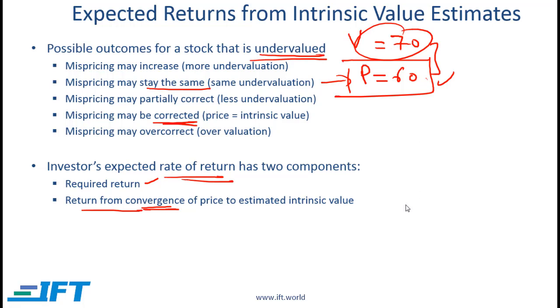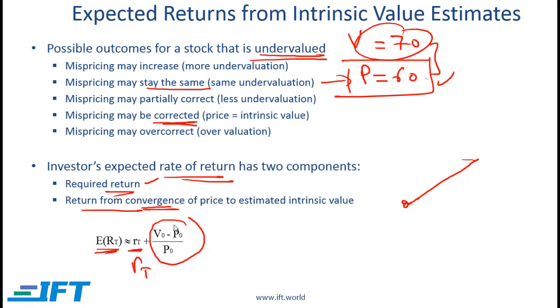In other words, over time, the market price will hopefully converge to what the intrinsic value should be, plus there will be the required return. So in other words, the expected return is RT, where RT is the required return given the level of risk, plus this expression which refers to the convergence between the value and the market price.